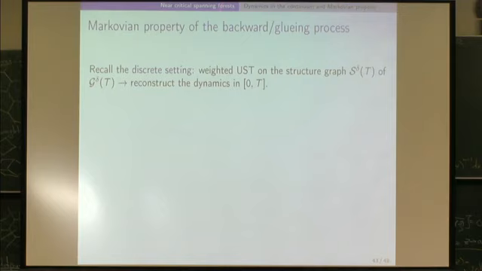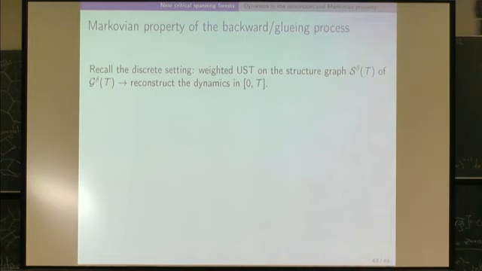I should have also mentioned that this backward dynamics is quite natural on its own. I could have also described my process by just using this backward dynamics, because when you want to sample a uniform spanning tree, you have your finite box, and you sample a whole uniform spanning tree, and you choose one edge on this picture.